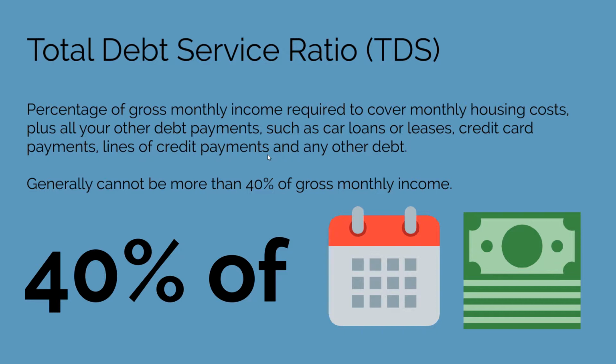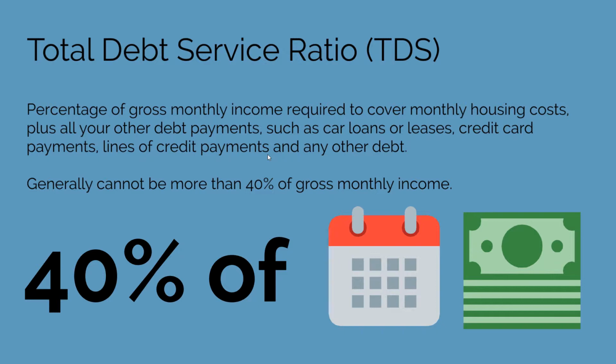So now you have to take that into account in the total debt service ratio of 40%. Even though earlier in this example I said if you made $1,000 a month that you'd be able to put up to $320 towards your housing costs, now since we're looking at the total debt service ratio, if you've got a $100 car payment, you could no longer fall under that 32% and still fall under the 40% for your total debt service ratio.